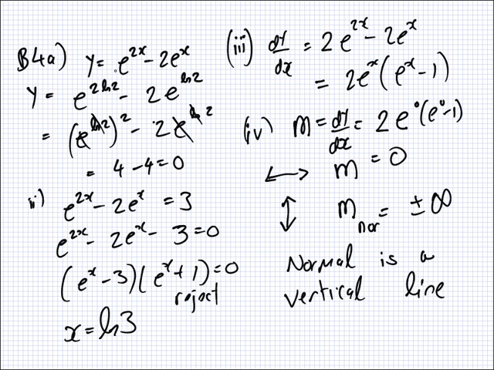The question said to describe the normal, not return the equation. If you found the equation, I guess that would be a description, wouldn't it? But because it said describe the normal, I would give my answer like this.